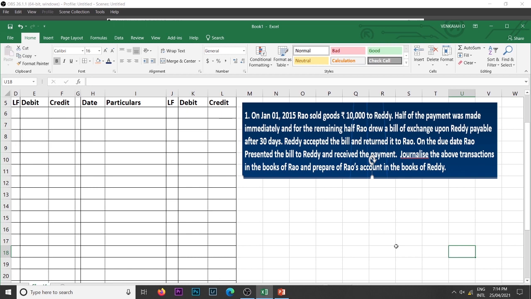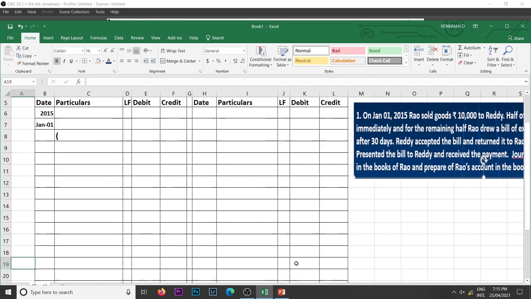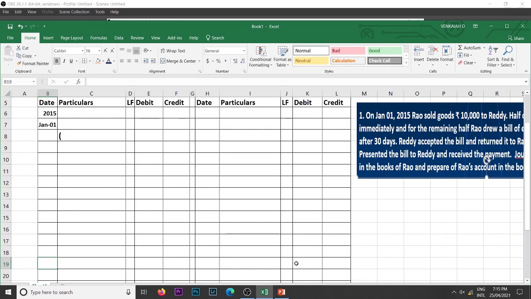Their actions will be converted into journal entries. That is finally bills of exchange, recording of transactions in their books. On 1st January 2015, Rao sold goods to Reddy. Two parties are there. One is Rao, another one is Reddy. Now we have to pass journal entries in the books of Rao as well as Reddy. So draw the lines according to this.